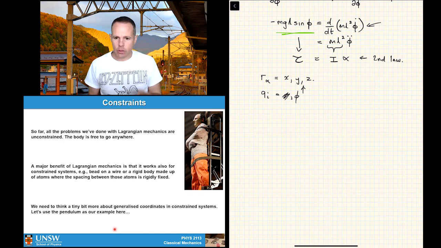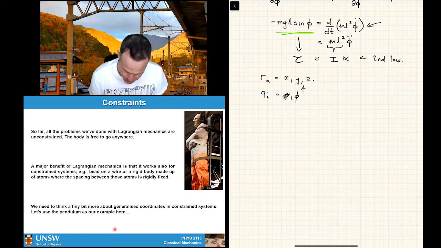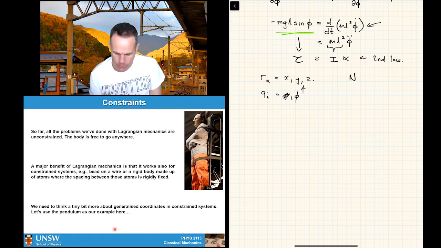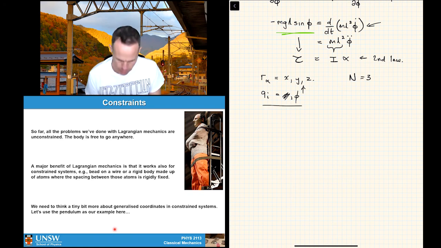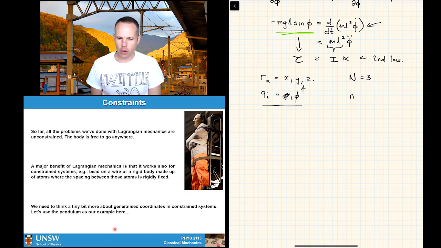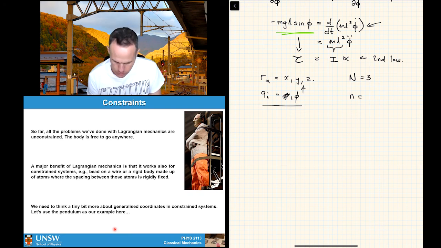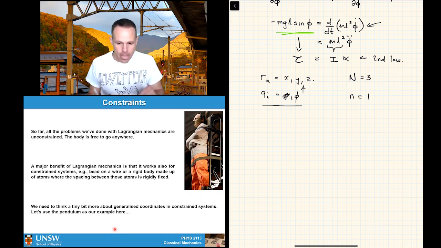Now, the interesting thing you'll notice here is that there's n coordinates here, where big N is equal to 3. And in my generalized coordinates, once I've done the Lagrangian version of the problem, I've got a little n, which is not equal to that. It's equal to 1, right?